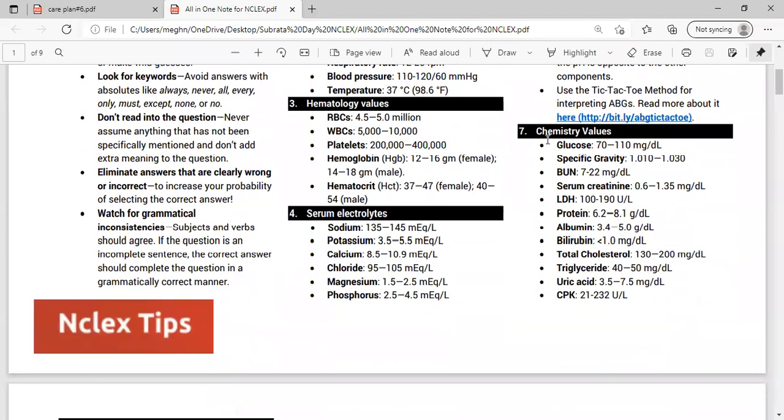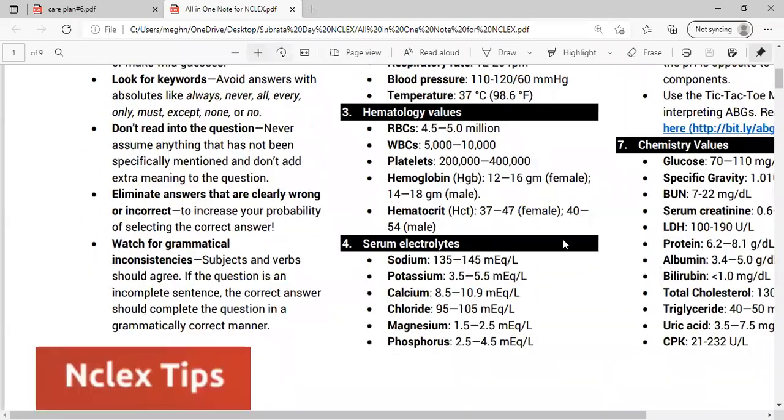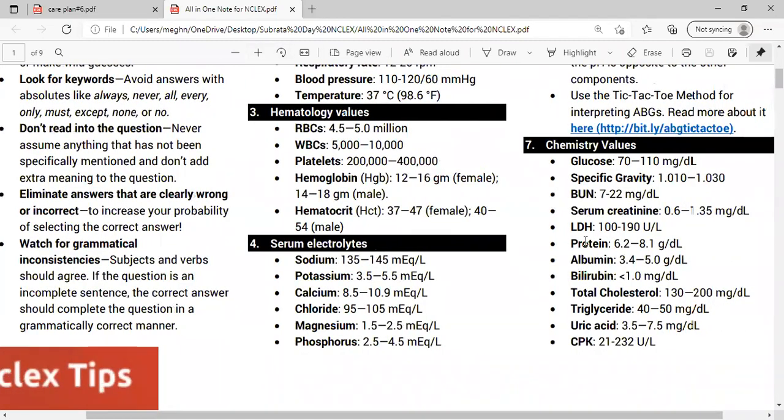Next, other blood chemistry. Blood glucose is normally 70 to 110 milligrams per dl. Urine specific gravity is 1.013 to 1.030.